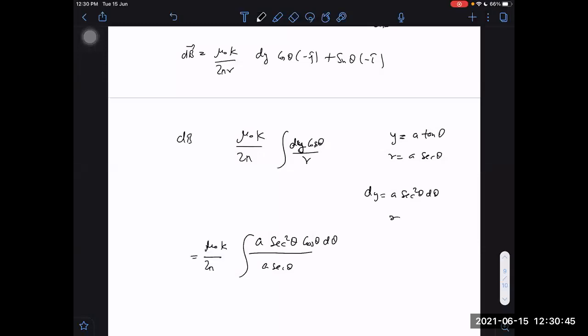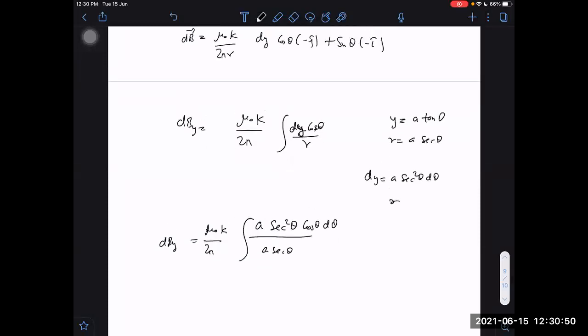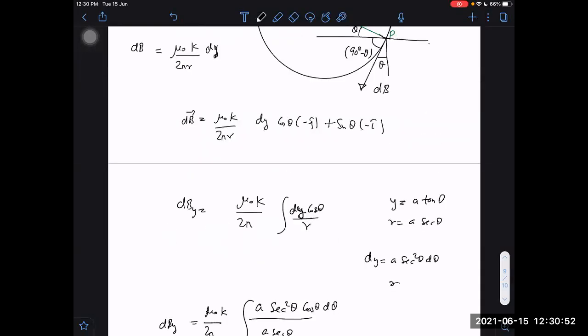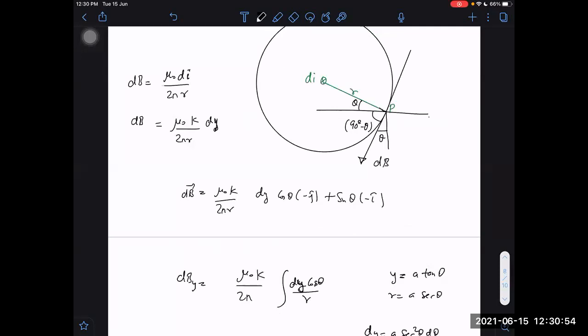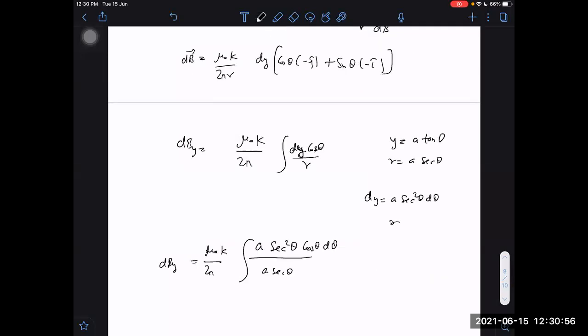Initially dB is mu naught k dy over r. I did not write that, but I meant that only.